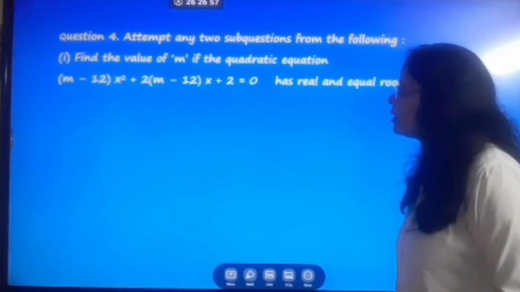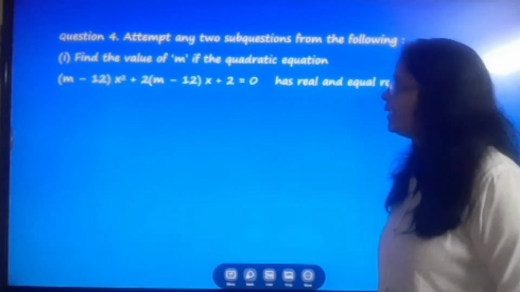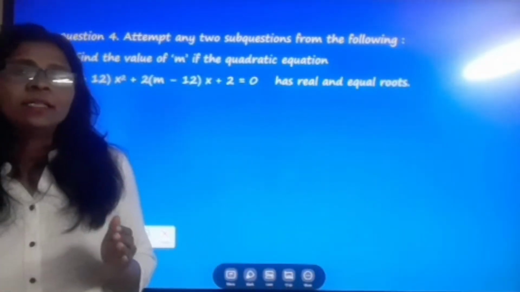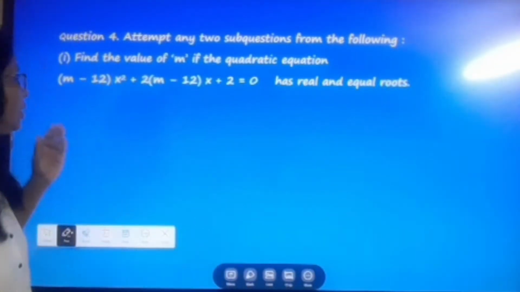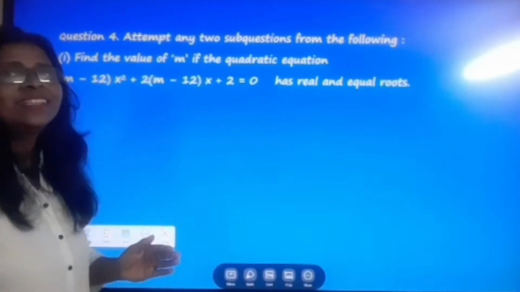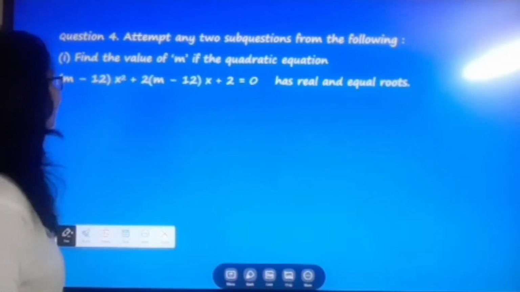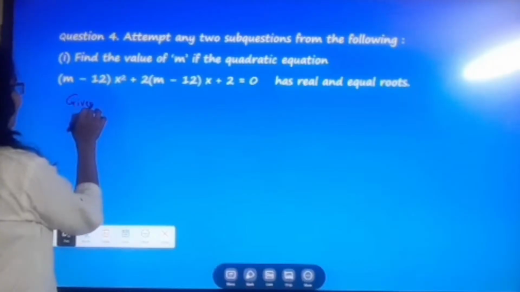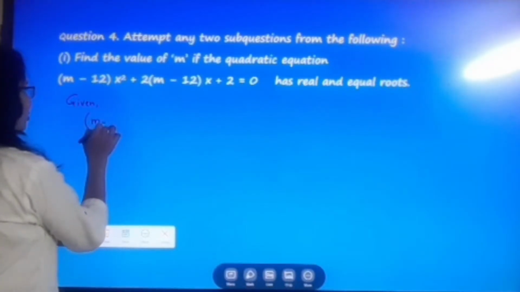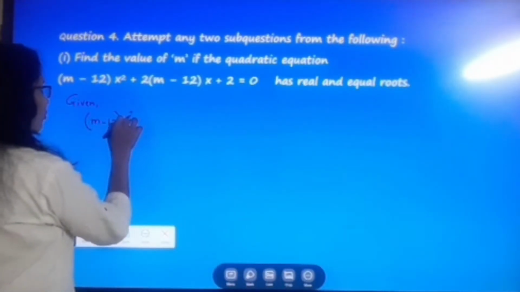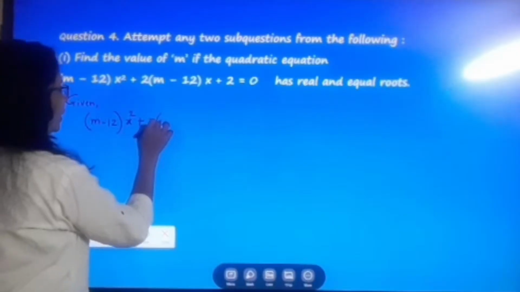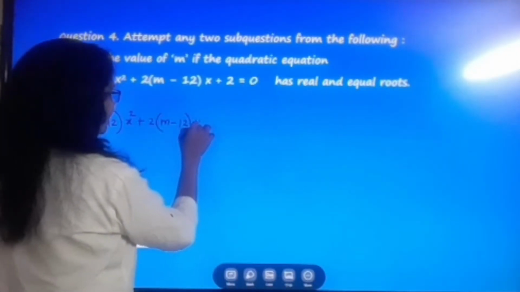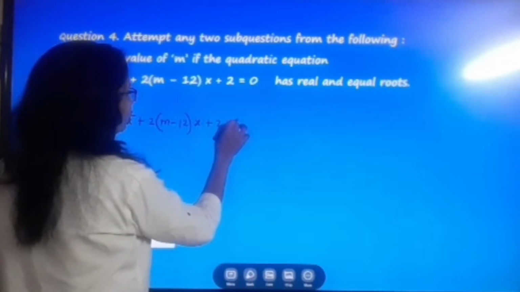Okay, so now here first we write down the solution. Given quadratic equation. So here the given quadratic equation is that (m minus 12)x square plus 2(m minus 12)x plus 2 is equal to 0.